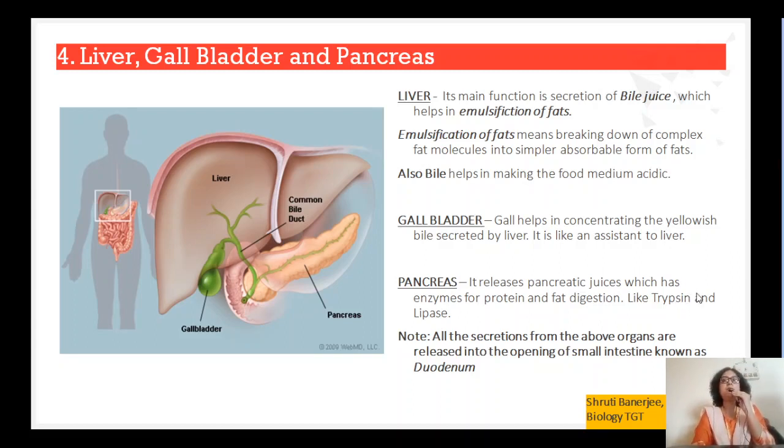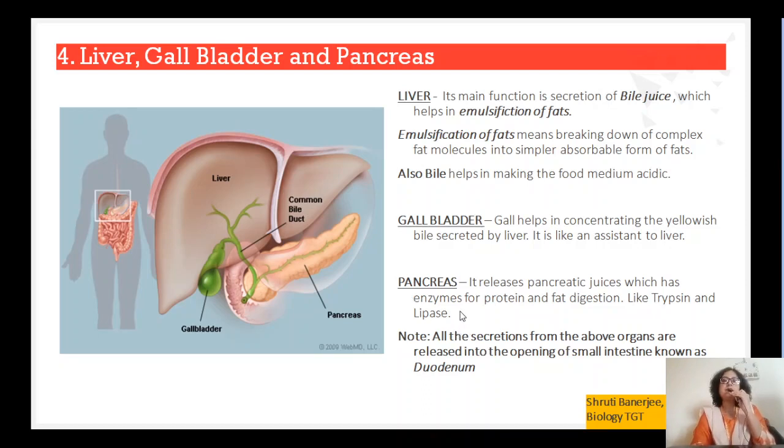I told you in the previous video, whenever there is an enzyme word ending with 'sin', it means it will break down protein. Remember, in the stomach it was pepsin, whose function was to break down protein. Similarly, trypsin's function will be to break down complex protein into simpler protein.